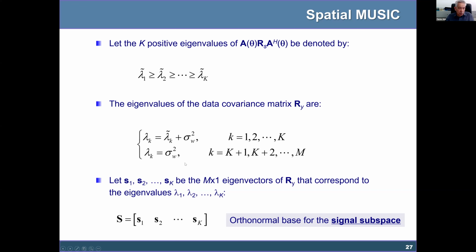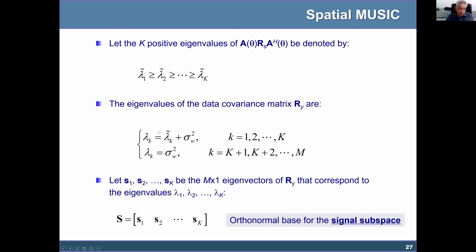Now, if we call S1, S2, up to SK the eigenvectors of the matrix associated to the first K eigenvalues, and we put them in a matrix, what we obtain is an M by K orthonormal matrix, because we know all the eigenvectors have unit norm and they are mutually orthogonal.